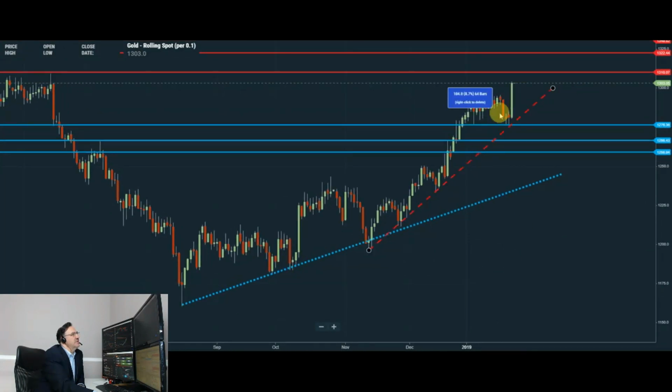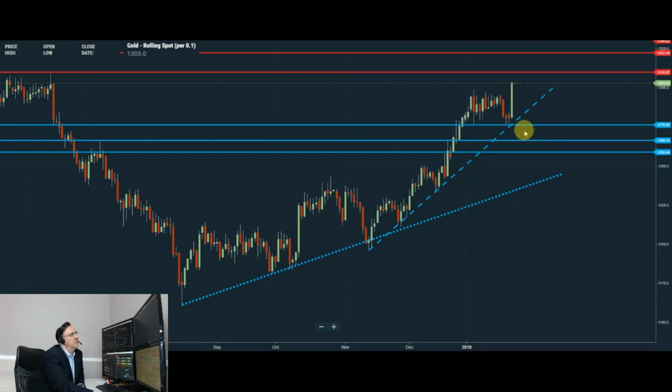Gold is attempting to have another go and break out above 1300. So the Friday trading range finished with this really nice and bullish candle at 1303. From the daily time frame, gold is uptrending at the moment with a sequence of higher lows as indicated by these two rising trend lines. The initial downside is down here at 1275.